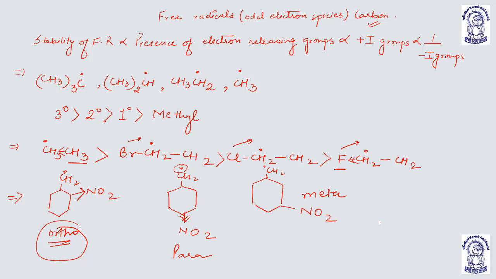So it is the distance and power rule: here the distance is increasing. The distance is maximum in para, in meta it is less in comparison to para, and in ortho it is least. So the one which has the least distance will be maximum stabilized. Then comes meta, and lastly para. Understood?